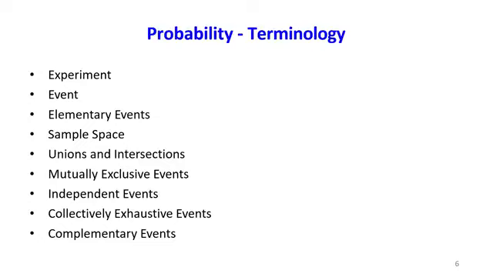Unions and intersections. I think you are familiar with that, right? So if you remember the set theory, for example, this is one sample, this is another sample. So intersection means those events which are common in both the sets, and that is known as intersection.